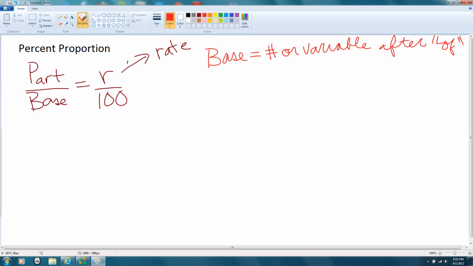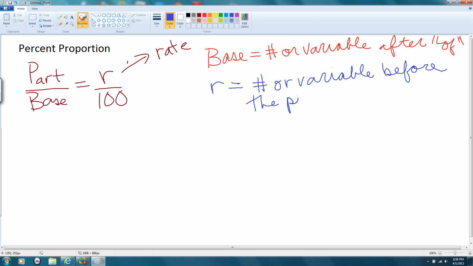The next thing is, let's say we'll do the little r. The little r is the number or variable before the percent sign, in other words this, or the word percent.